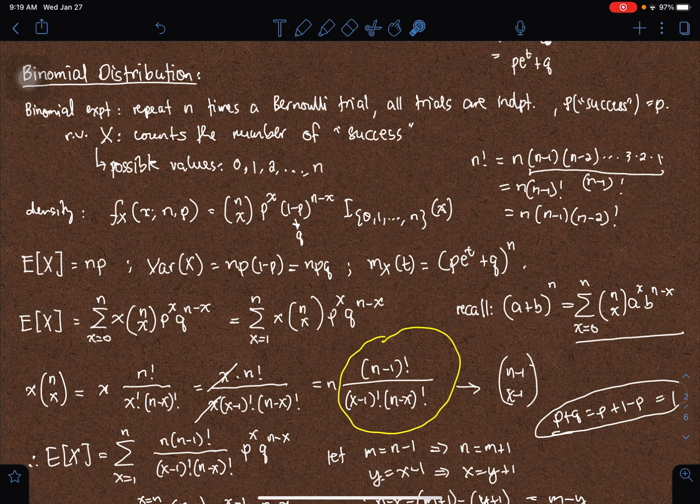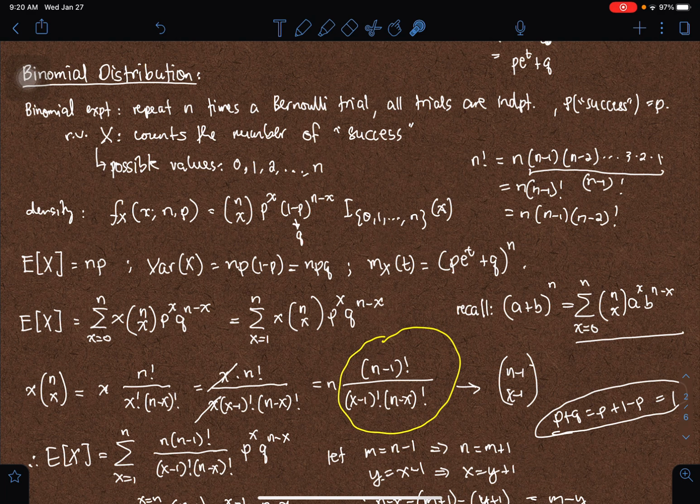And in each trial, the probability of occurrence of the quote-unquote successful outcome should remain constant. And all trials must be mutually independent.